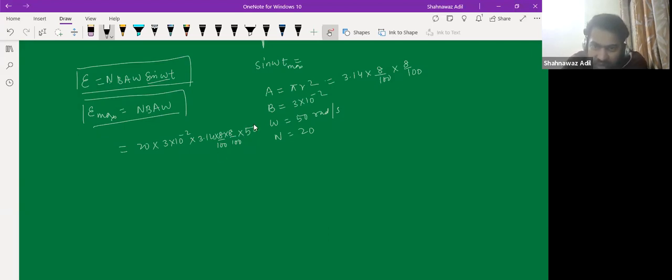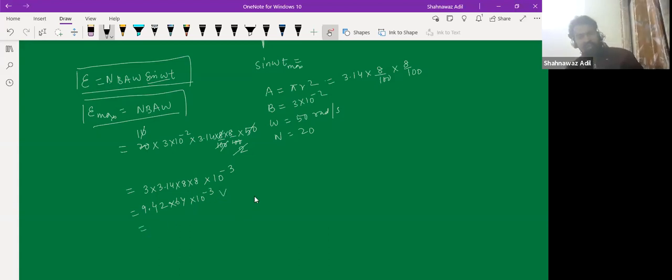Solving this, we have 3 into 3.14 into 8 into 8, and then the power of 10. 8 8s are 64, and 3 into 3.14 is about 9.4, into 10 to the power minus 3.